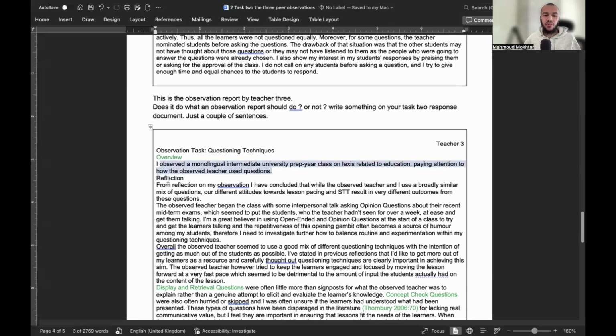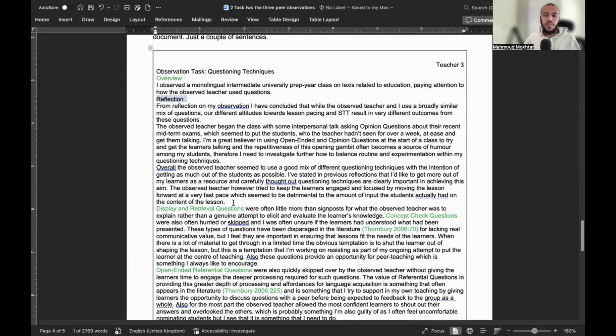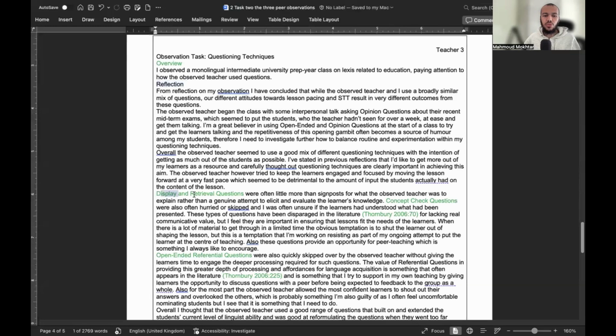And then we have the reflection. We don't have a list of the questions, but we do have references to them within the text. Also, here are some categories and some references to readings. It is not obligatory to refer to books, but it would be good.